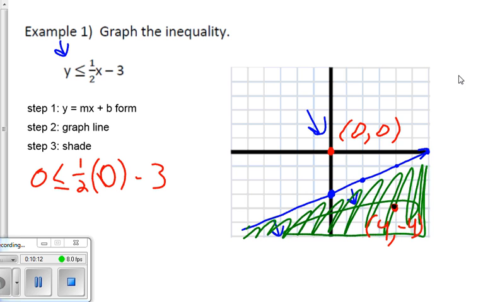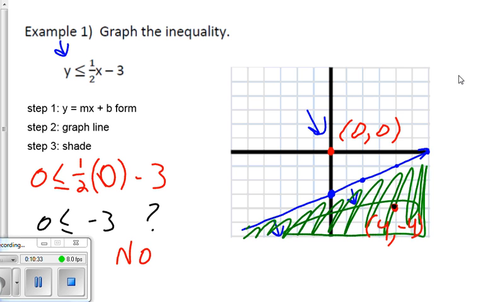Well, 1/2 times 0 is still 0, so we'd have 0 is less than or equal to 0 minus 3. 0 minus 3 is simply -3. Now, is 0 actually less than or equal to -3?